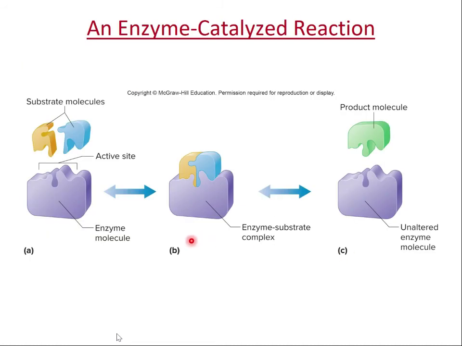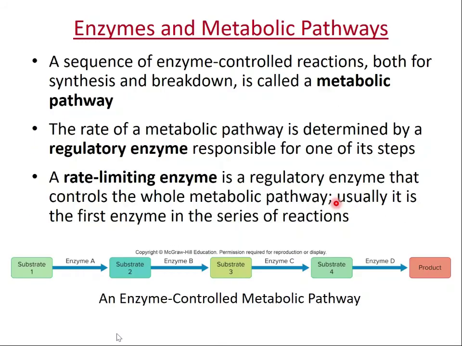And this is another enzyme-catalyzed anabolic reaction where two molecules come together into the enzyme, and in the enzyme they are joined and form a larger molecule. With the arrow shown, they could go in either direction. Enzymes are important in metabolic pathways, meaning when molecules are systematically broken down, or even built up, in different steps, there will be enzymes needed for each of these steps. They could be different enzymes, could be similar enzymes as well.